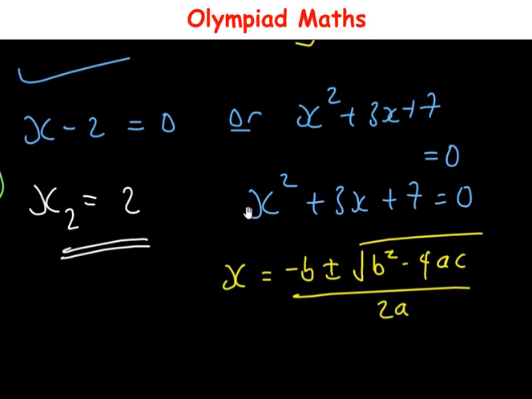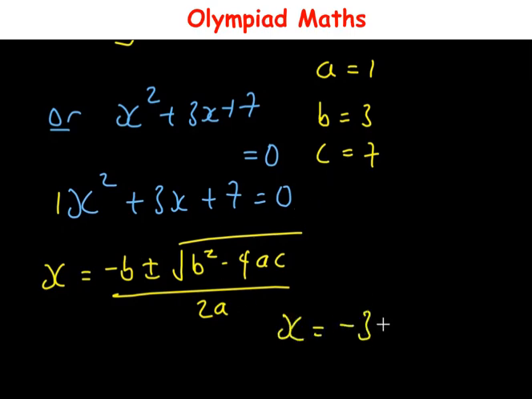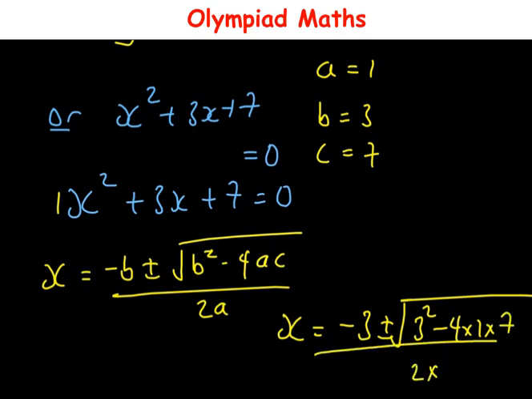And in this case, the value of a is equal to the coefficient of x squared, which is 1. The value of b is the coefficient of x, which is plus 3, while the value of c is the constant, which is plus 7. And putting the values of a, b, c into the formula, we have the solution for x to equal minus b, which is 3, plus or minus square root of b squared, b is 3, so 3 squared, minus 4 times a, which is 1, times c, which is 7, all over 2 times a, which is 1.